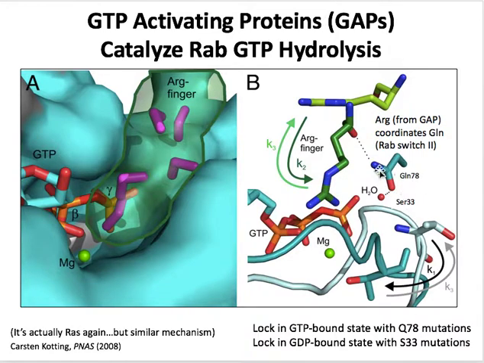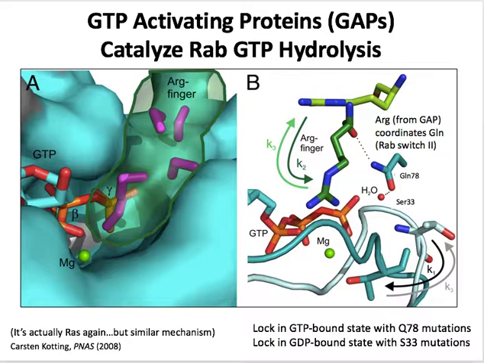So if there's mutations in this glutamine in the Rab, we can lock our Rab into a GTP bound state, because now our arginine finger cannot come in and interact and be a catalyst. Likewise, there's a serine right here, where if we make mutations to that serine, it can help lock Rab into a GDP bound state. So these mutagenesis experiments have been essential in understanding how GTP and GDP play roles in the functioning of Rab proteins.